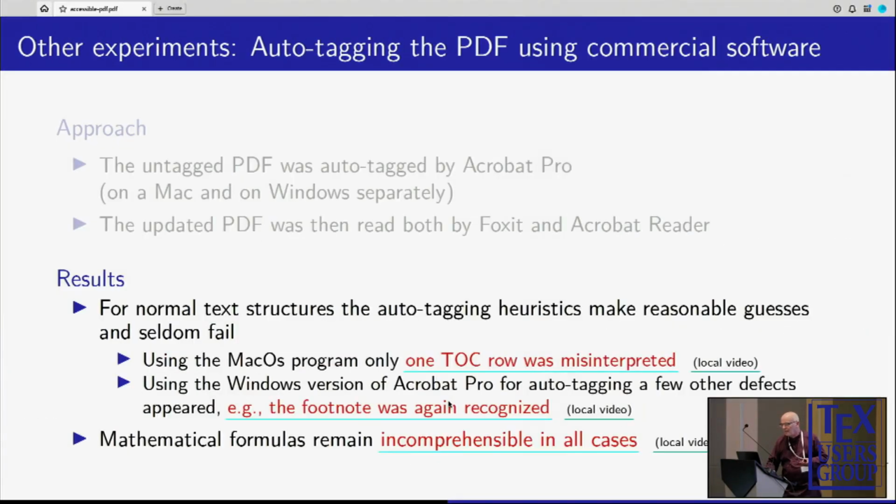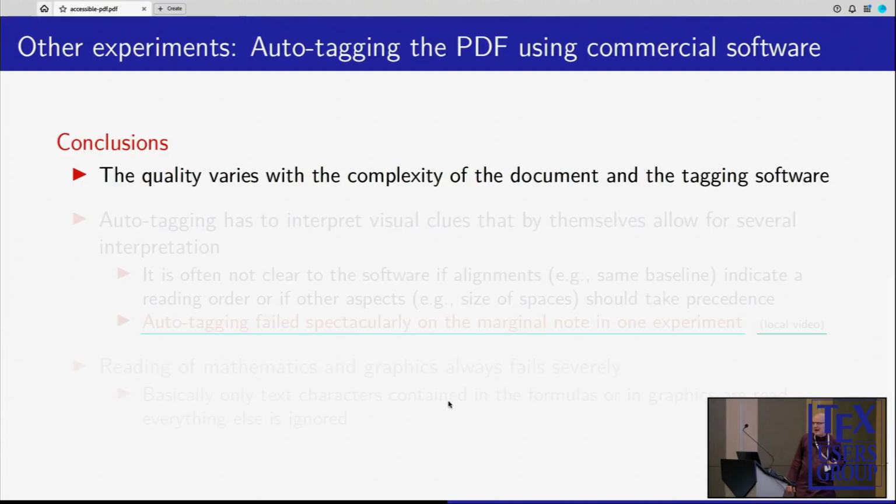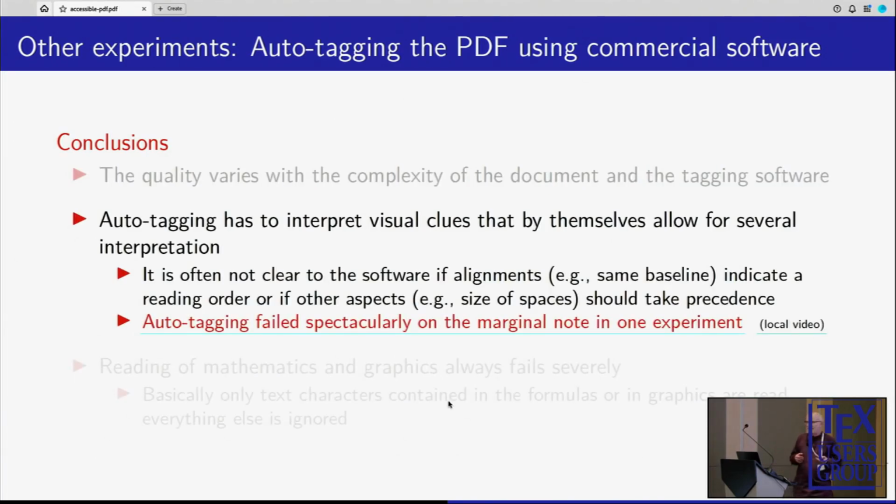So, okay. As a summary, depending on the complexity, you get a little bit further, but basically, as I said, we have this problem that auto-tagging relies on heuristics.